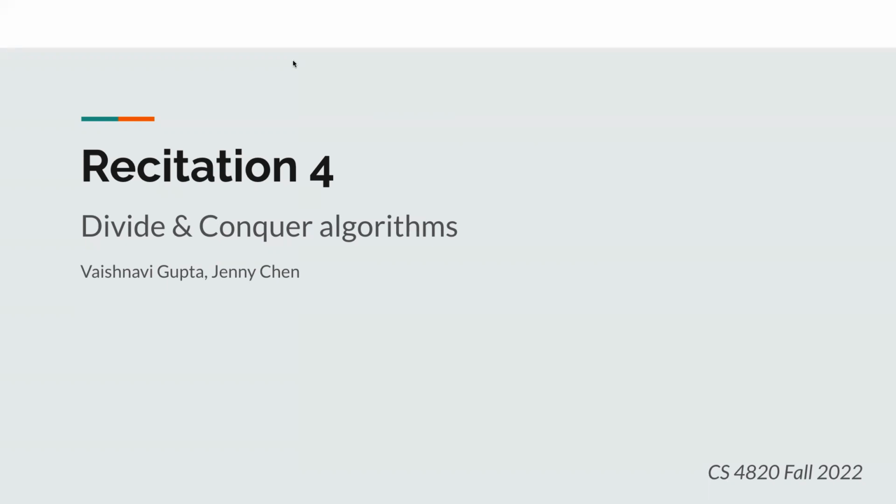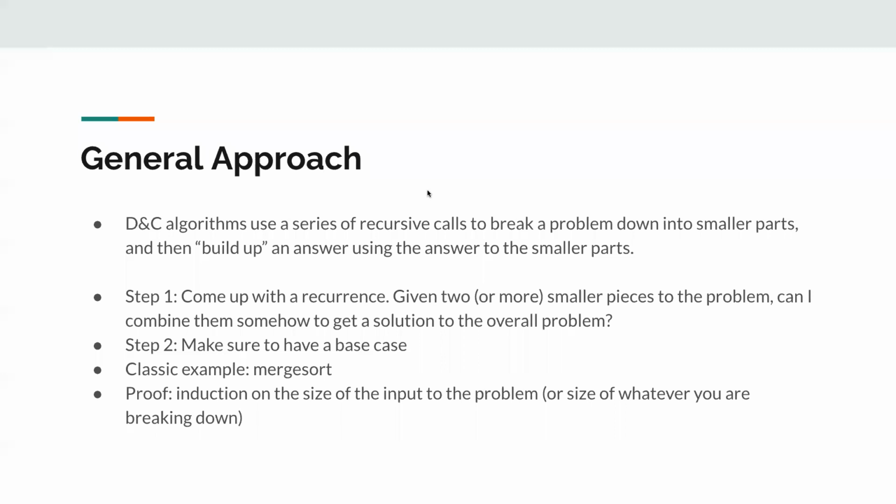So what we want to do for this recitation is go over what divide and conquer algorithms are, and our general approach to coming up with the algorithm first of all. And then I feel like the hard part of divide and conquer algorithms is calculating the running time, because once you have the recurrence, how do you unroll that and get the running time.